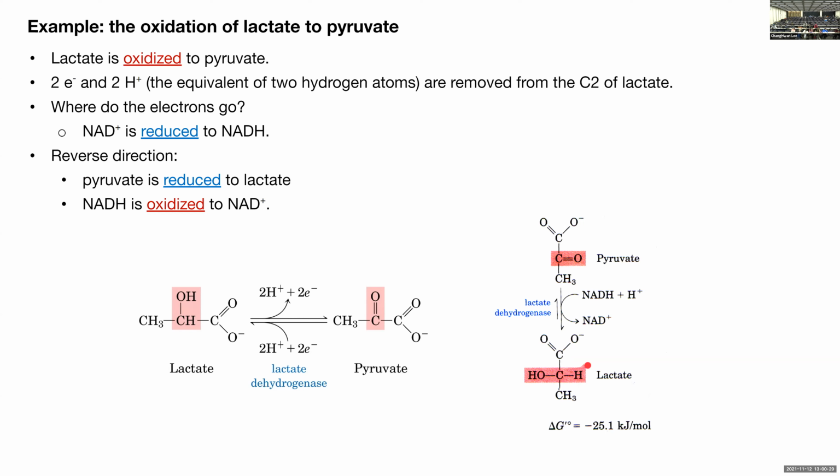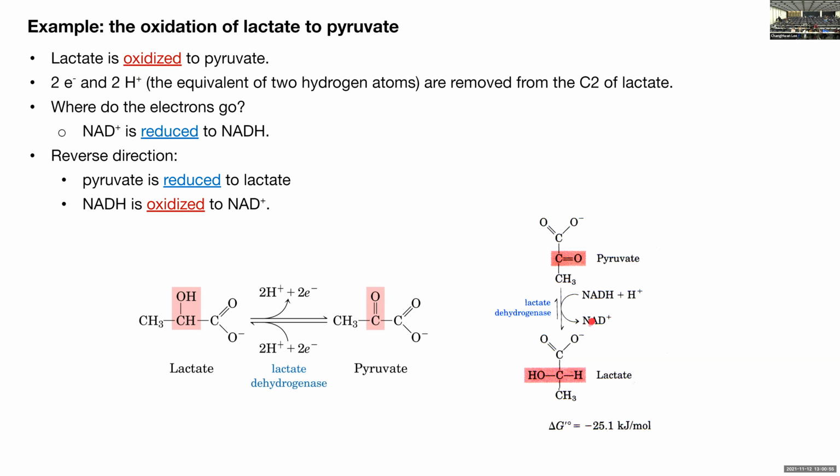So you can take it as here, from the bottom, lactate becomes pyruvate by the lactate dehydrogenase. And NAD plus works as an oxidizing agent to accept the two electrons to become NADH and H plus. And the reverse reaction would be basically flipped here.